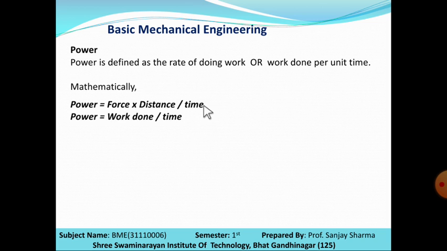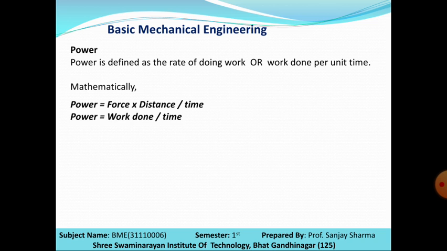A physically fit person is lifting a load of 10 kg and moving that weight from zero location to say 5 meters within 5 seconds, and some physically unfit person is lifting the same 10 kg weight, traveling 5 meters, and takes 10 minutes, 10 seconds, sorry.